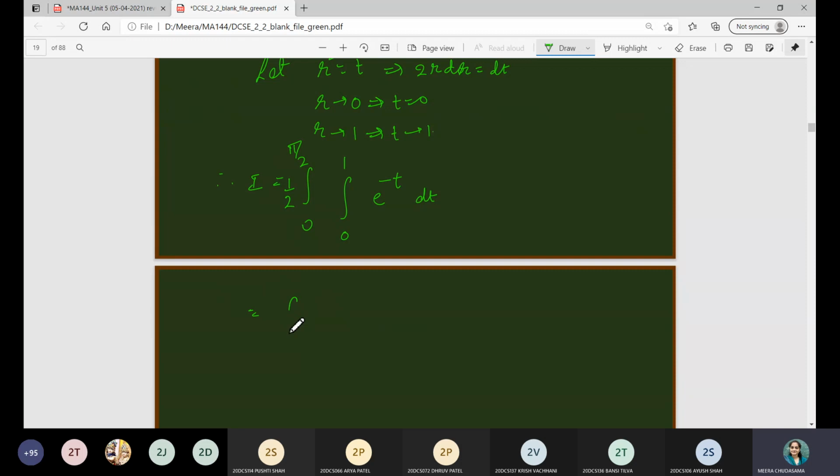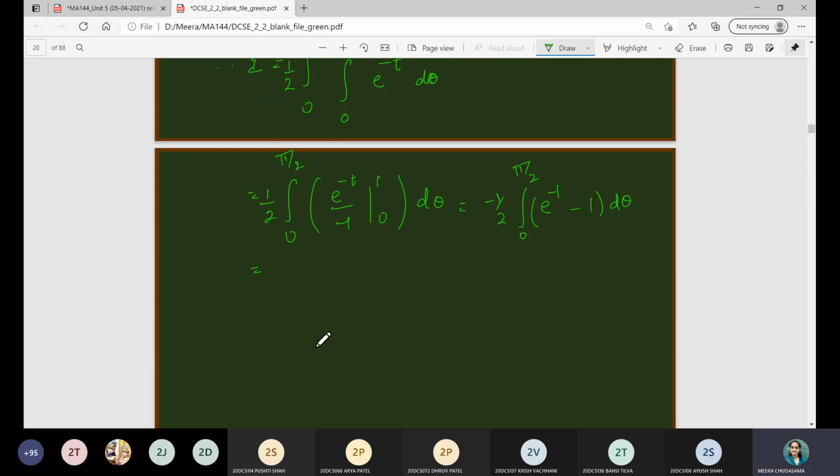So this integration is nothing but the integration of e raised to minus t, this one, right? Oh, sorry, here I must write d theta. So this is minus 1 by 2, 0 to pi by 2, e raised to minus 1, minus e raised to 0, so 1, d theta, the integration of d theta varying from 0 to pi by 2.